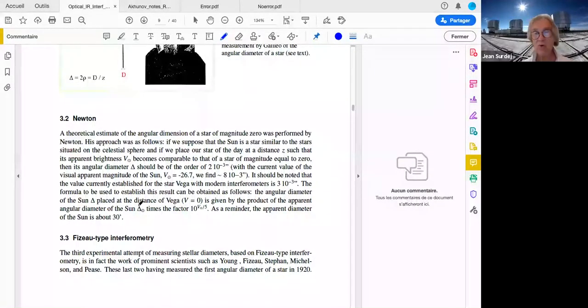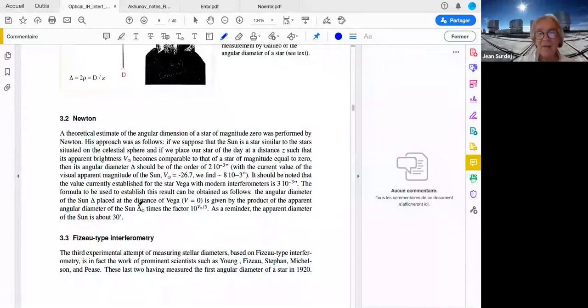He said, look, when you look at the sun, its apparent magnitude is minus 26.7, and its angular diameter is about half a degree, 30 arc minutes. Now let's assume that Vega, a star of magnitude 0, is just a star like the sun, but at such a distance that it is much fainter. So instead of having magnitude minus 26.7, it's a magnitude 0.